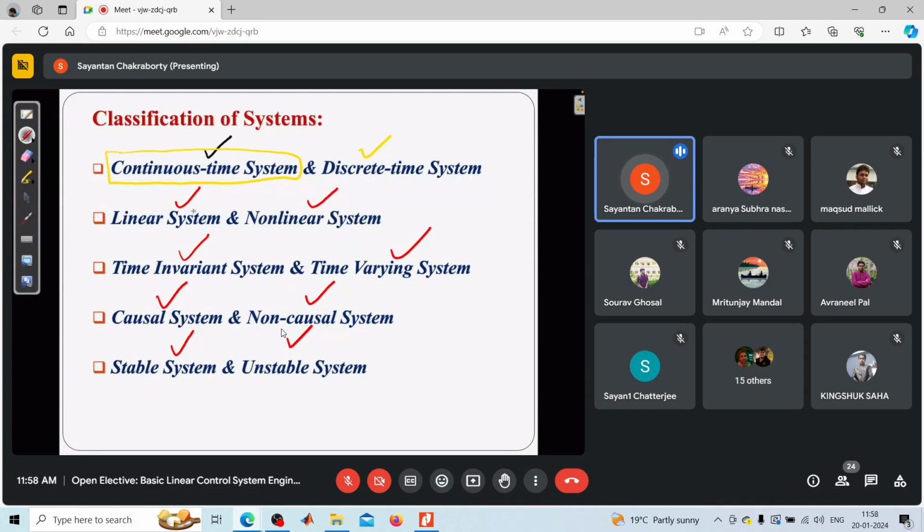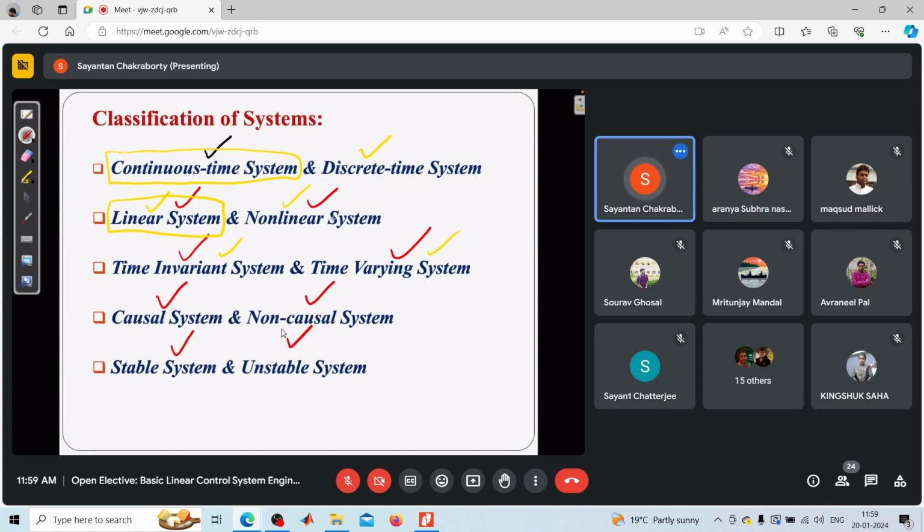Then that continuous time system may be linear or non-linear, not both at the same time. Say it's a linear system. Then that continuous time linear system may be time invariant or it may be time varying, right? Similarly, continuous time nonlinear system may be time invariant or time varying. A discrete time system may be linear or non-linear, and that may be time invariant or time varying.